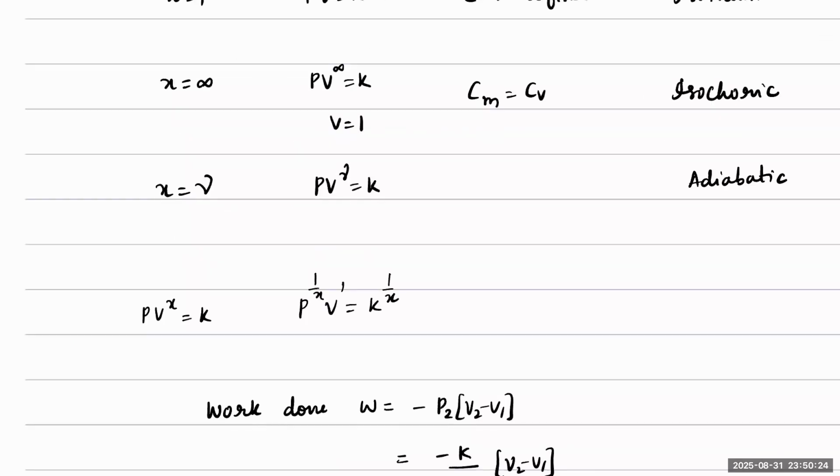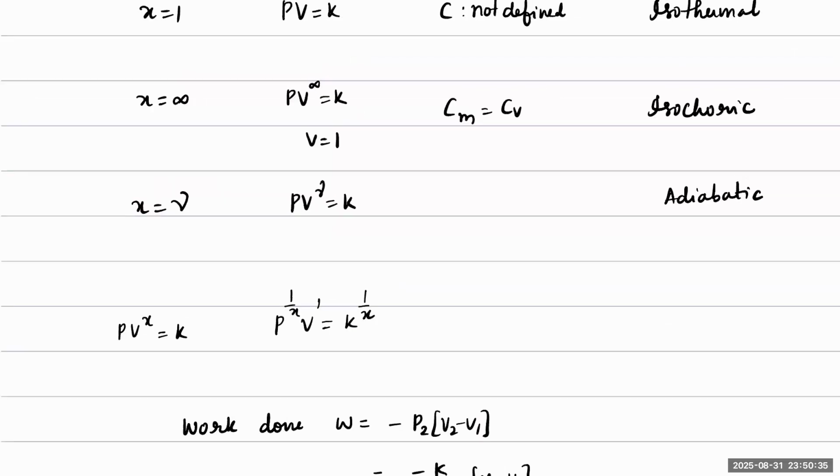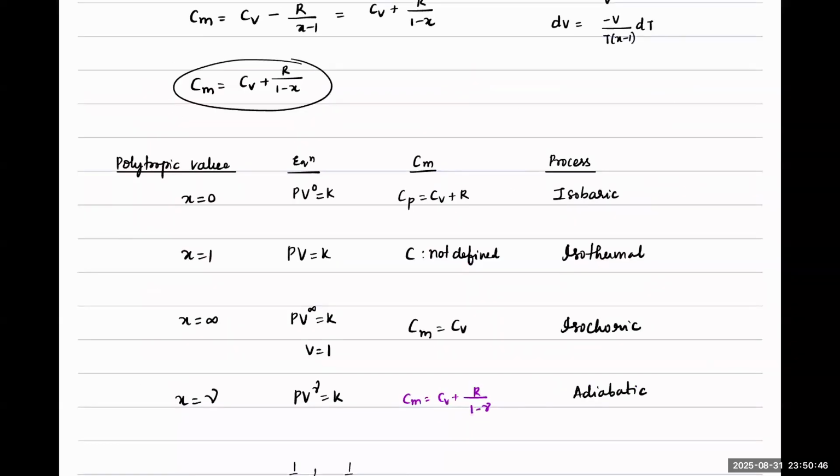And lastly, if you have x is equal to gamma, PV raised to power of gamma is equal to K, then that is called an adiabatic process. And what will be the value of Cm here in that case? Cm will be equal to Cp plus R by 1 minus gamma. So this is the value of Cm for adiabatic process. Everybody clear on this point?